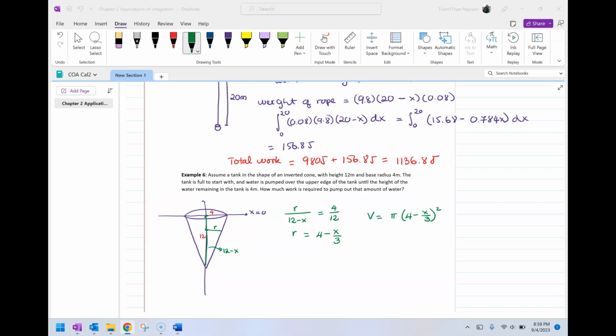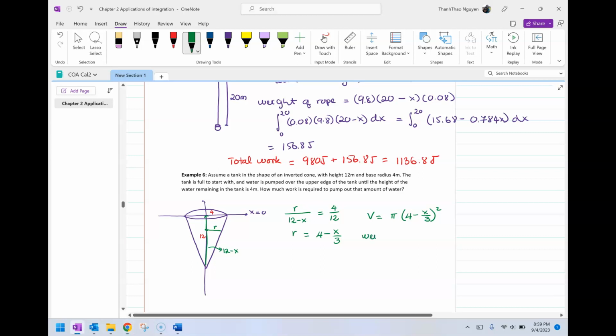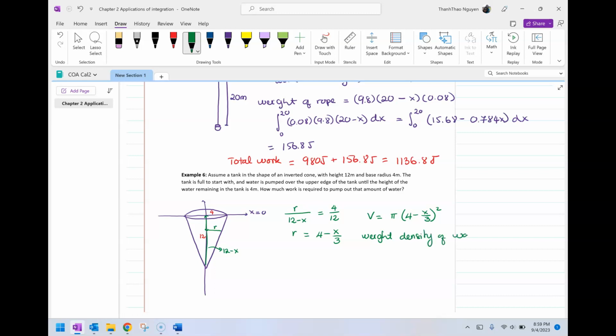Now, the weight density of water is 62.4 pounds per cubic foot. We didn't give you this in the problem, however, we do need this information to calculate the force required to take out that amount of water.